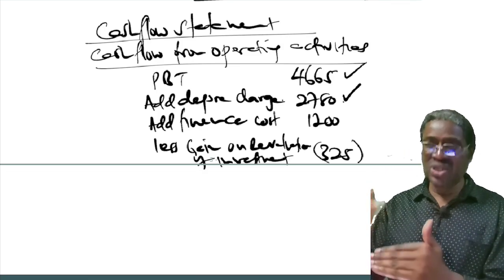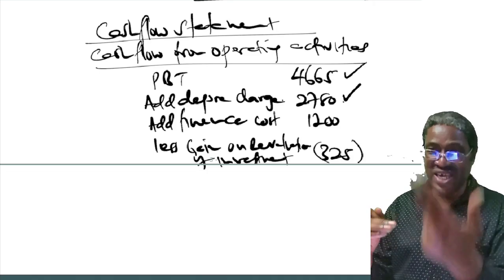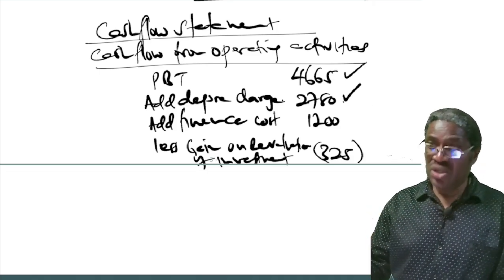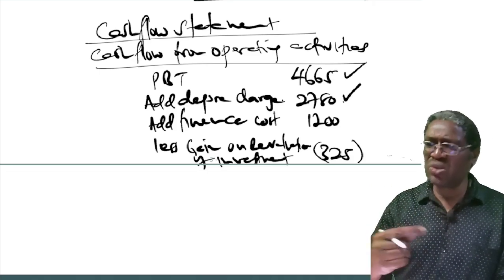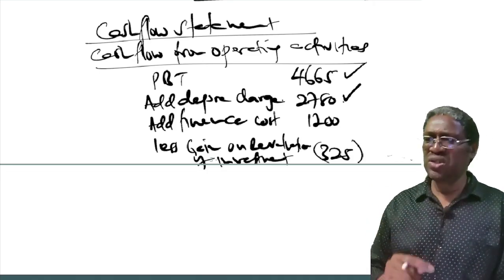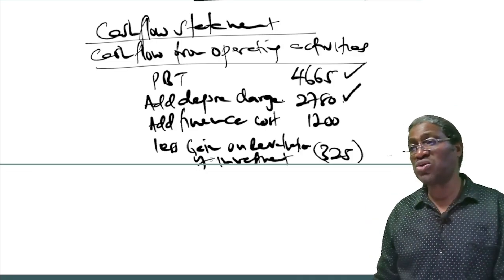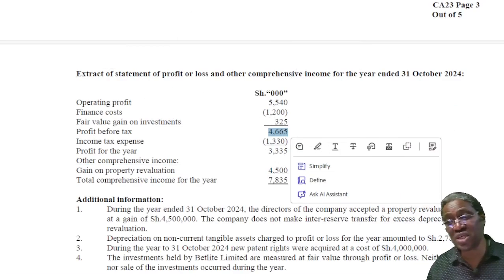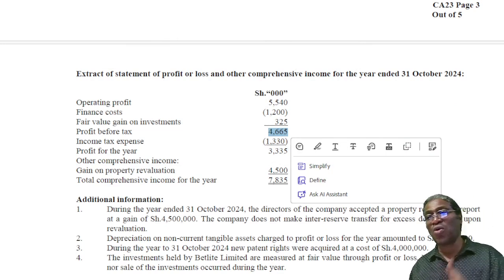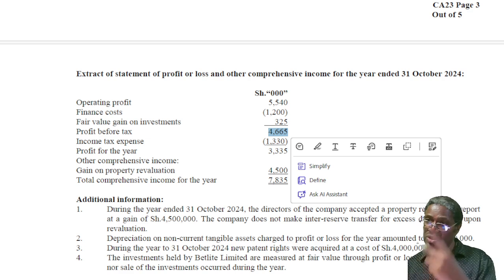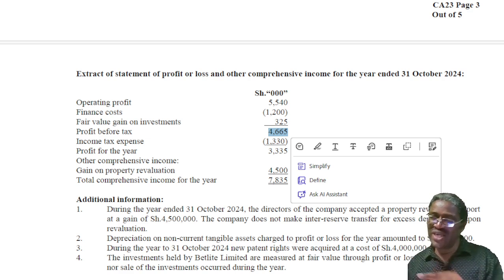From this question, yes, that gain on revaluation of investment. In some questions, you could find gain on disposal, loss on disposal. You use also such items. In this question, there was nothing else. From this income statement, I can't see anything on top of 46 which is non-cash. Only those two, finance cost and the gain on revaluation.